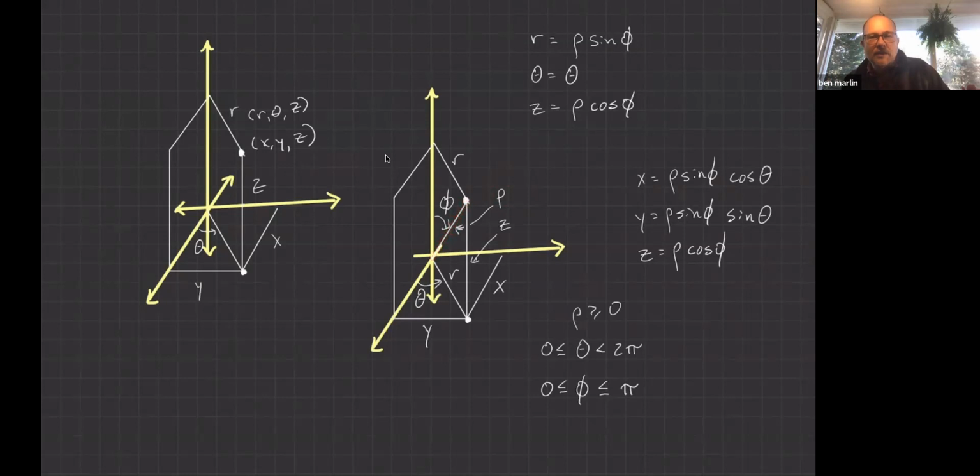Now that immediately should tell us that you can do the distance formula and write down that this rho squared, yes, I know it looks like a P, but it's a Greek letter rho, is going to be x squared plus y squared plus z squared. It's just the distance formula, but without writing the square root in there.